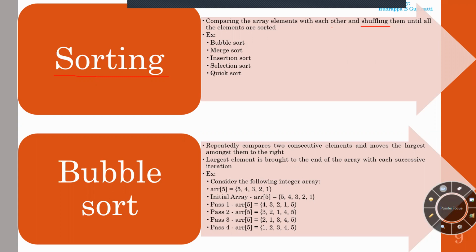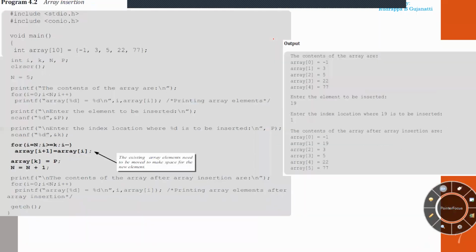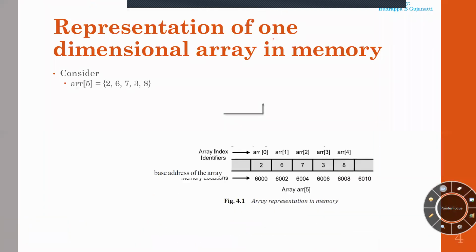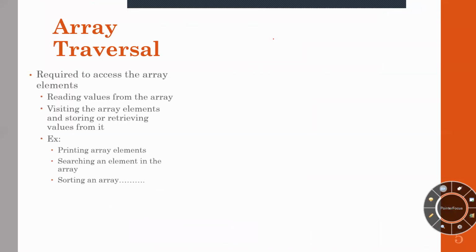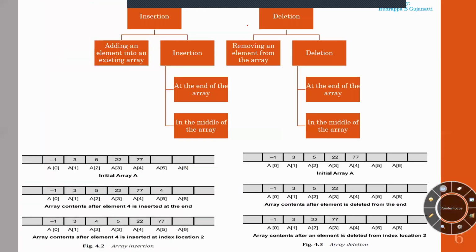So how do we go ahead in this case? If I have to sort, I have to compare each of the elements. So here we can observe, if I have an array of this kind and I want to sort these elements such that the largest number, 77, comes at the top and the lowest number goes at the bottom, I have to compare pairs of elements and then perform some operation.